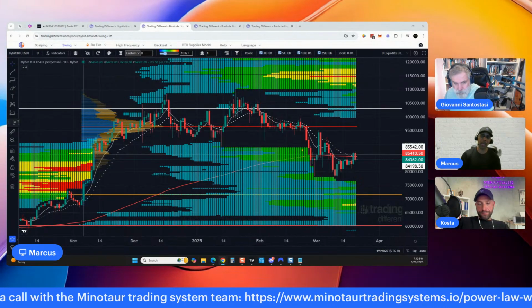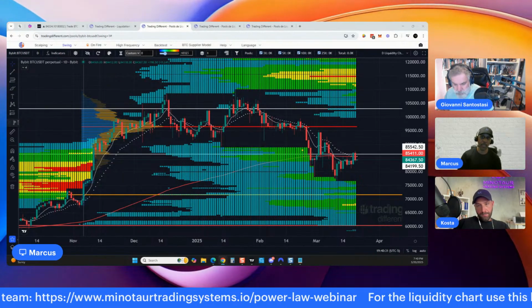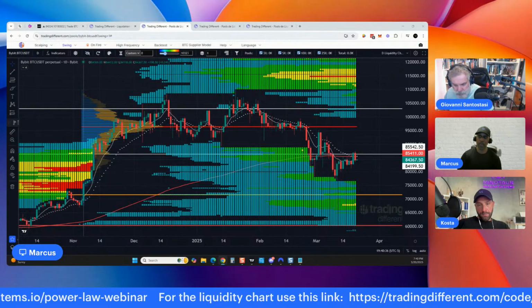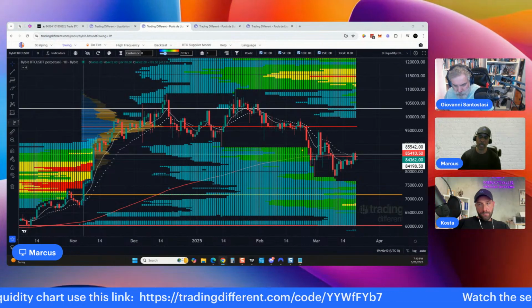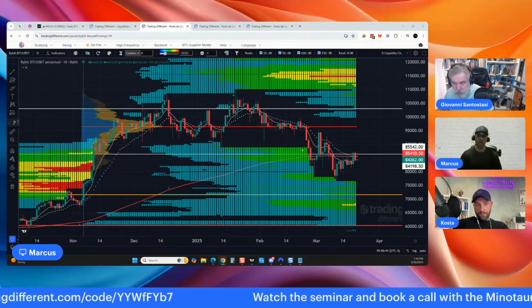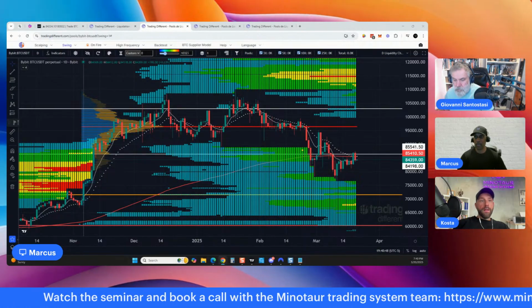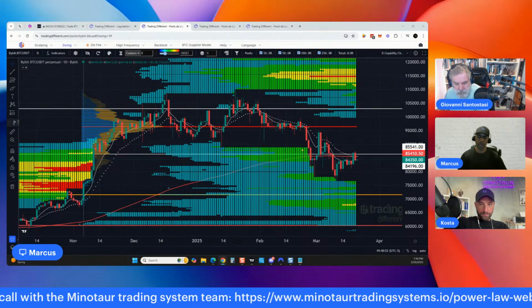There are different types of heat maps. Some focus on limit orders and orders that have not yet been executed. This heat map focuses on orders that are already executed. These positions are already in drawdown or in slight profit or neutral, but they're in the market. So it's very accurate in determining where the price may go, because liquidity is a magnet for price.